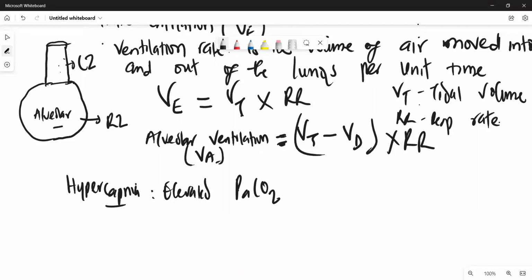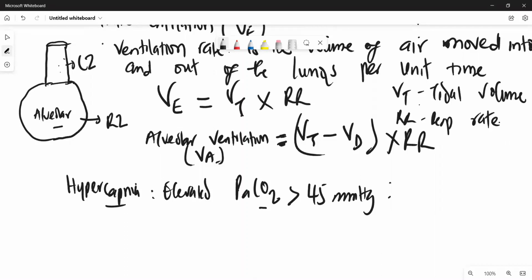Usually the cutoff that we normally use is anything more than 45 mmHg. If it's more than 45 mmHg, by definition, that's hypercapnia. And of course, anytime there is an increase in partial pressure of carbon dioxide, that normally decreases our pH, right?